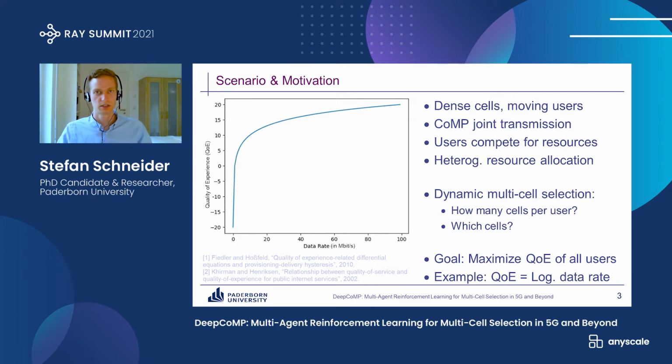If we increase the data rate by just a little bit, then the quality of experience dramatically improves because the service suddenly starts to work. But if we increase the data rate more and more, at some point we get diminishing returns.